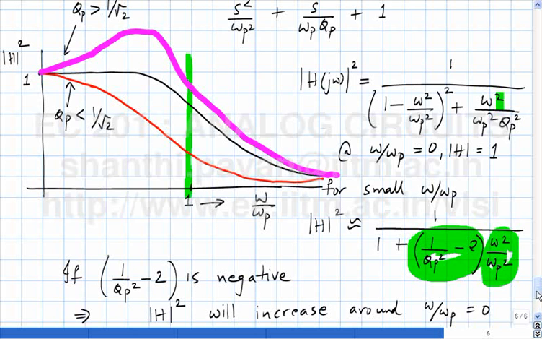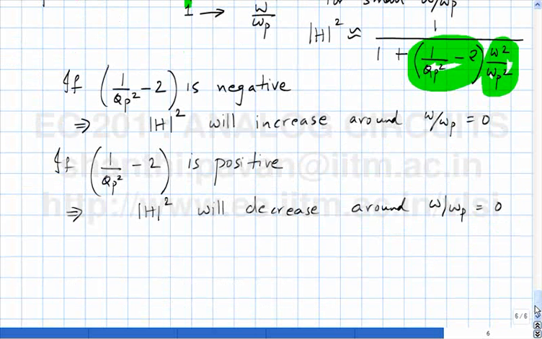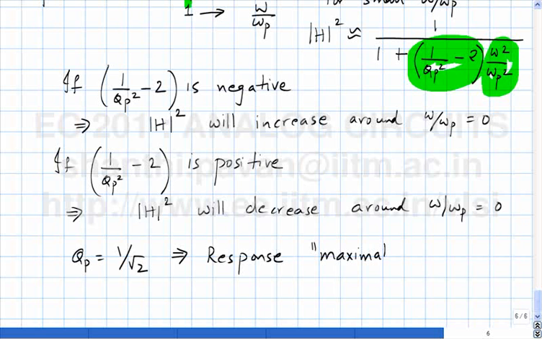And the value of qp required to make the response flat, qp equals 1 over root 2, will make the response maximally flat. Why maximally flat? It can't get any flatter. Alright?